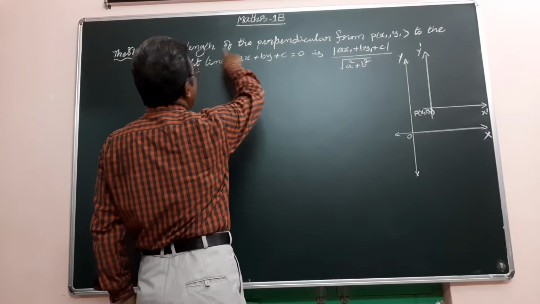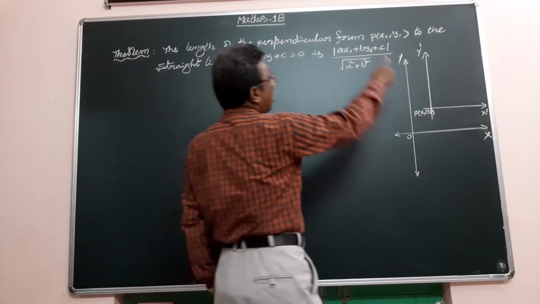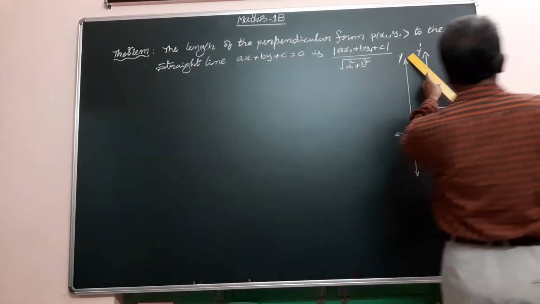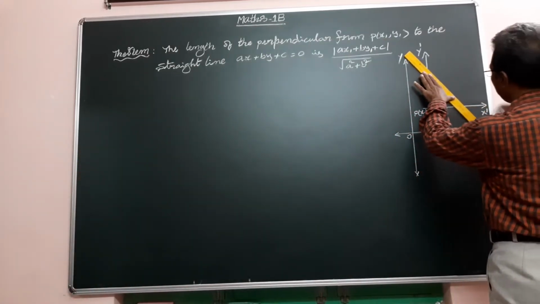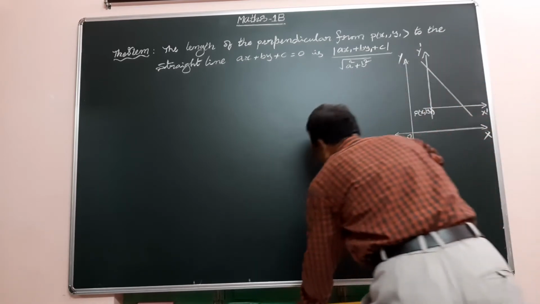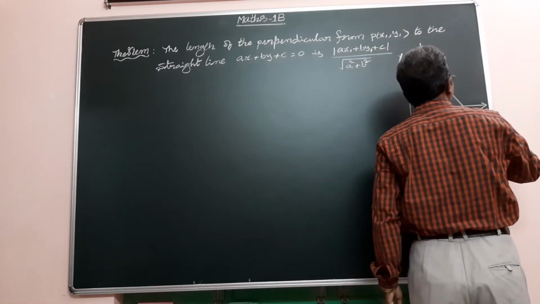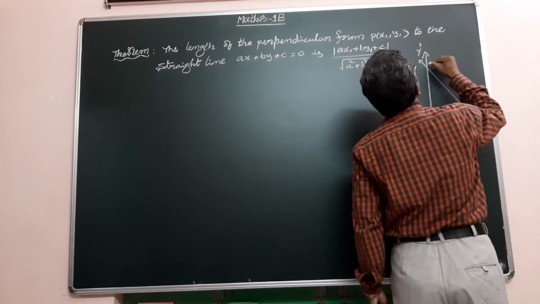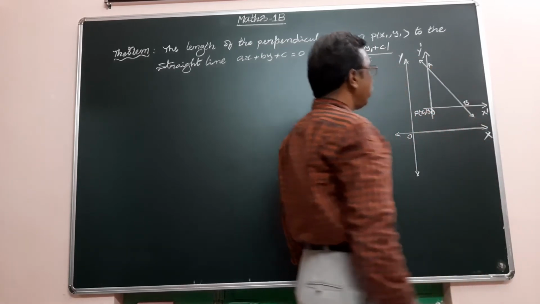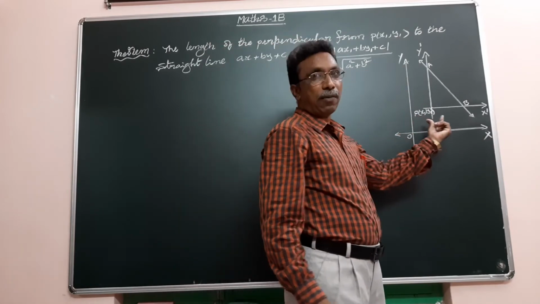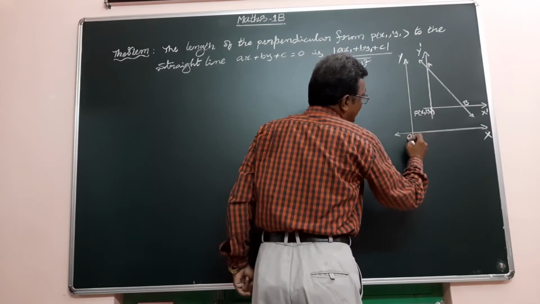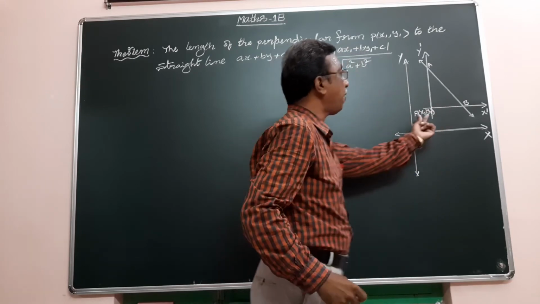Now, the length of the perpendicular from P of x1, y1 to the straight line. Now we draw one straight line. This is the straight line AB. P of x1, y1 is the new origin, with the new axes.